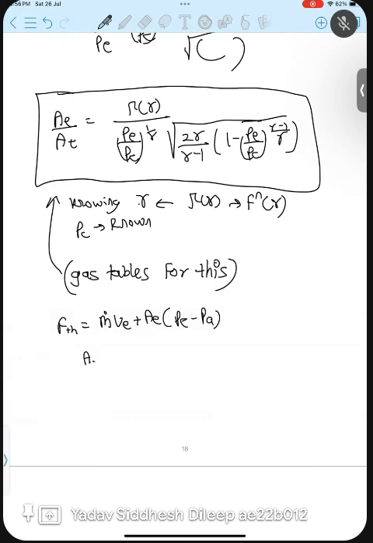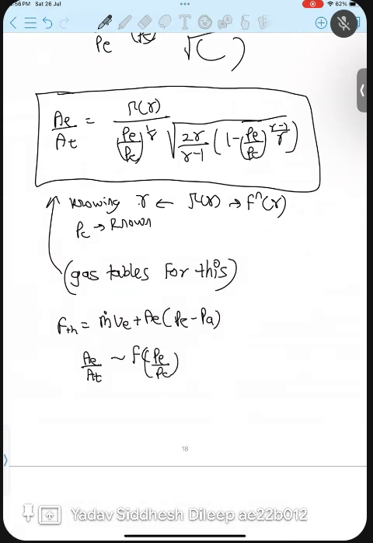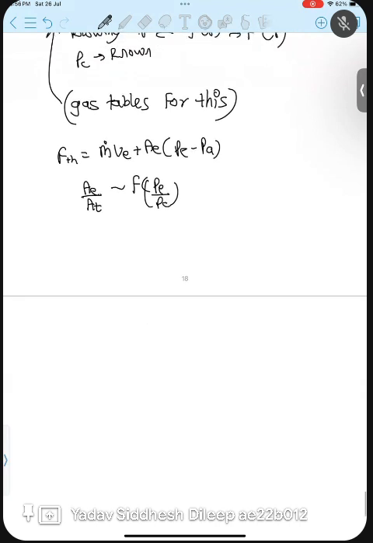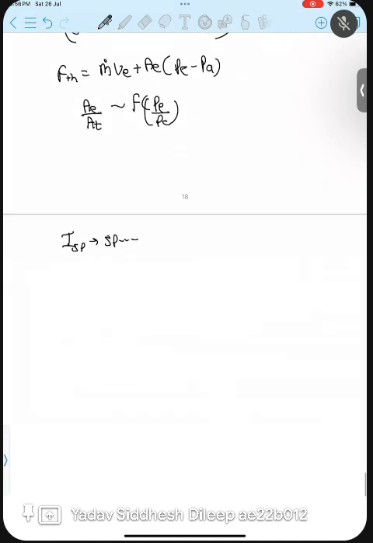And we know that A by At is a function of p by pc, pressure ratio. Area ratio is a function of pressure ratio, and ISP we have, specific impulse, that is thrust per unit mass flow rate.